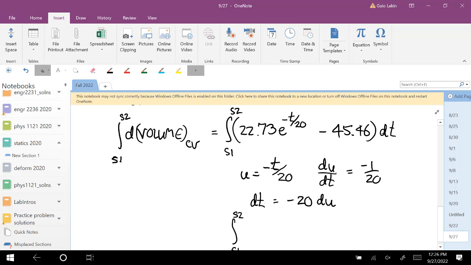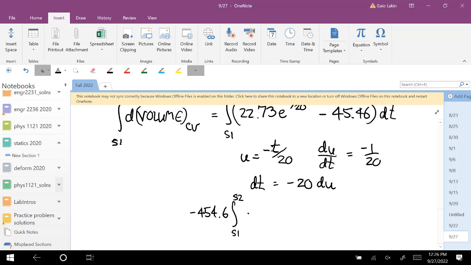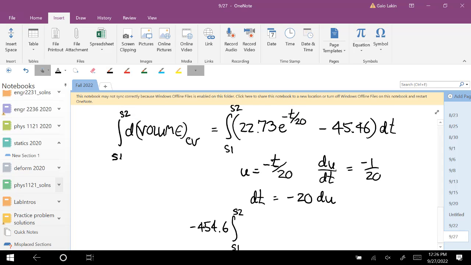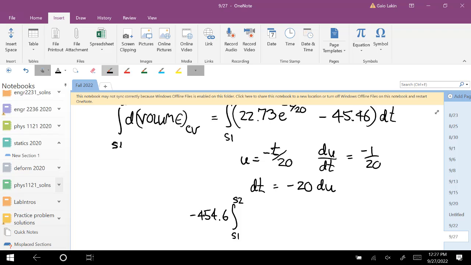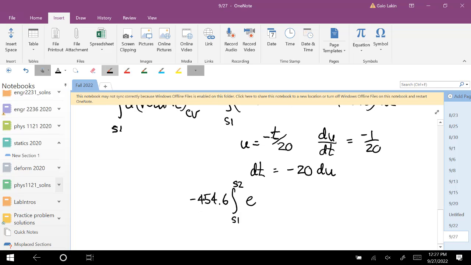And negative 20 times this was, what was that, 454.6 negative. This is always like when this kind of thing gets screwed up with my screen, right when I am all flustered. So e to the u du.